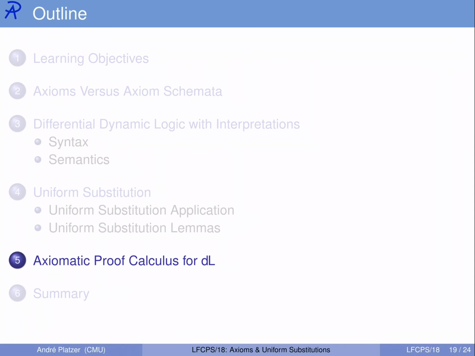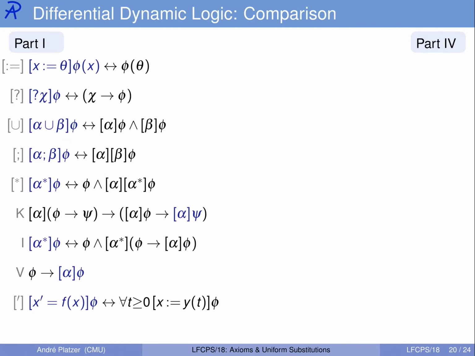With this uniform substitution mechanism as the way of instantiating axioms, let's try to understand how we need to adapt the axiom schemata, these infinite families, to just one single concrete axiom. And here we go.